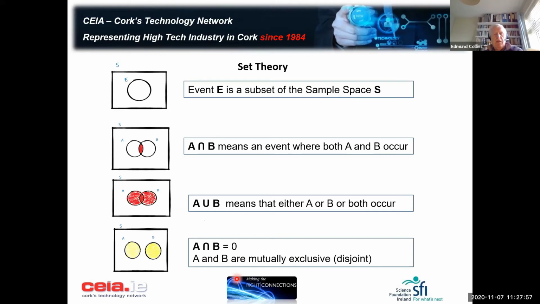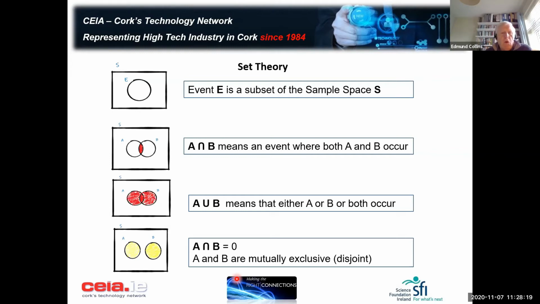Now, we have to do a little bit of set theory, which is used in probability problem solving. One of the questions we'll be looking at later uses set theory, so it's important that you're happy with the concepts and principles here.